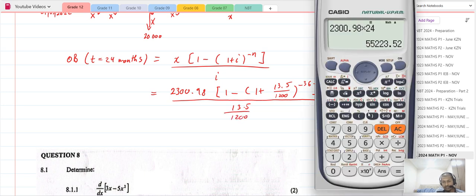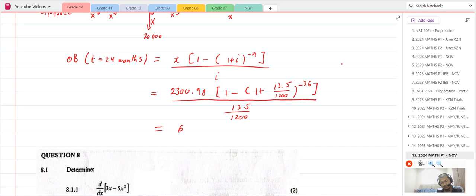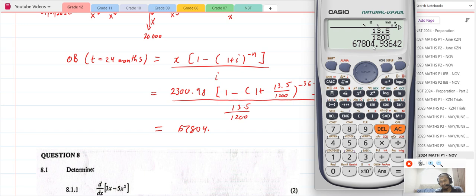Right, so we're getting 2300.98 into 1 minus 1 plus 13.5 over 1200 to the power negative 36 over 13.5 over 1200, or you can say 13.5% over 12. Right, so I'm getting 67,804.9364294.